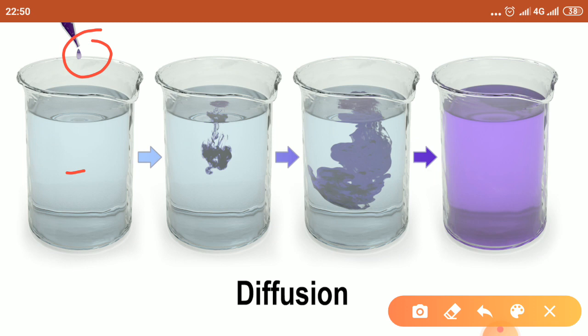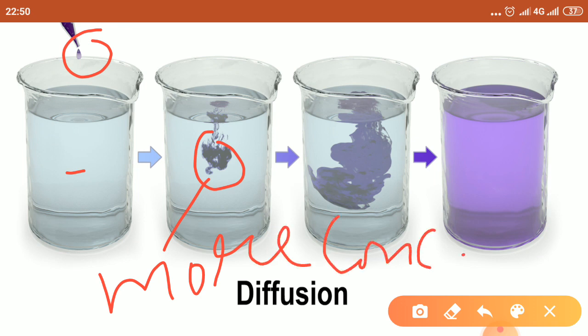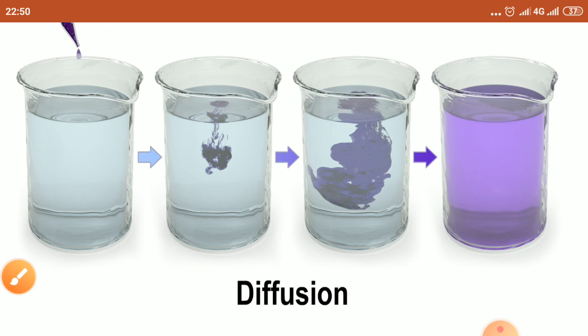When we put this drop, the concentration is more over here, in this particular part, and later it starts diffusing into the whole water, and at last it is evenly distributed, evenly mixed. This is what diffusion is. So what is diffusion? Movement of molecules from higher concentration to lower concentration.